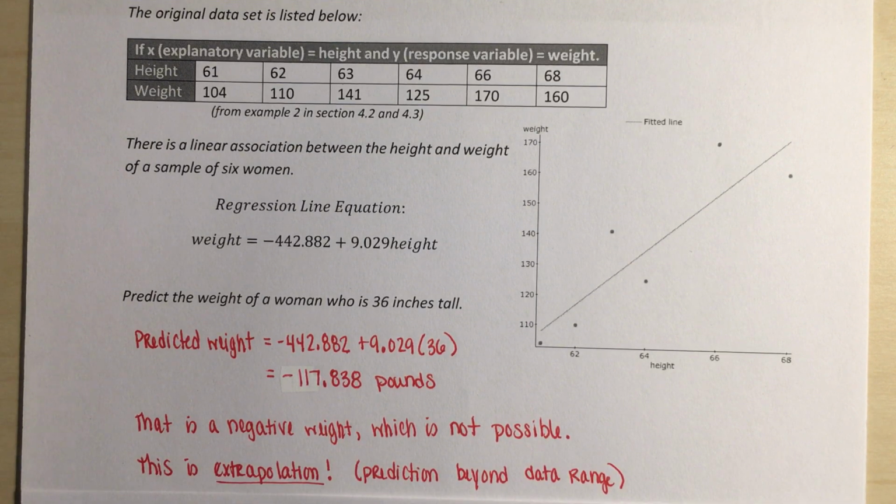That is because this is extrapolation. We took our data range and we tried to make a prediction that was way beyond that data range. So this is one of the other reasons that we want to avoid this. We get totally unrealistic predictions that can't possibly be real numbers, or in this case, a real weight.